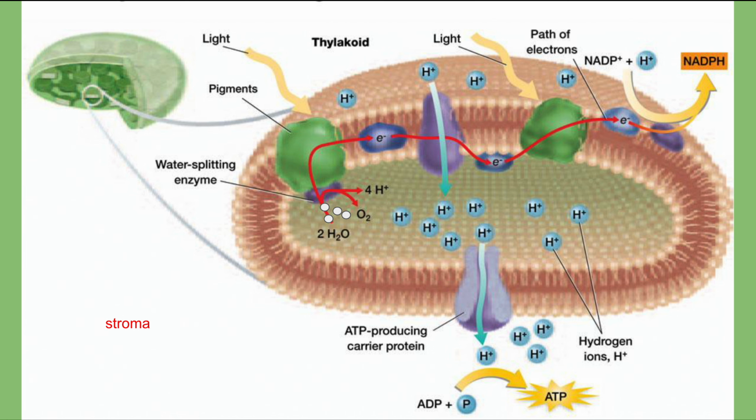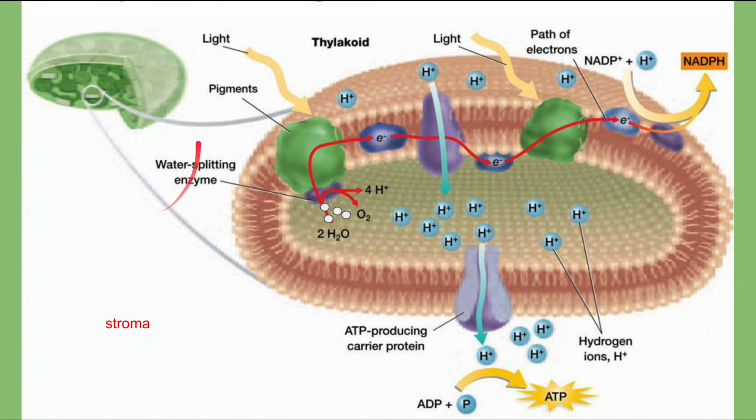So we have our water molecules. We need 2 of them to make 4 hydrogen ions, 1 oxygen gas molecule and 4 electrons. Now, we know that electrons have a negative charge, and this ion has a positive charge.